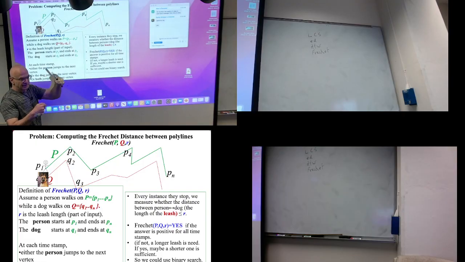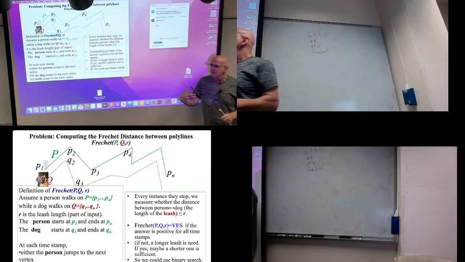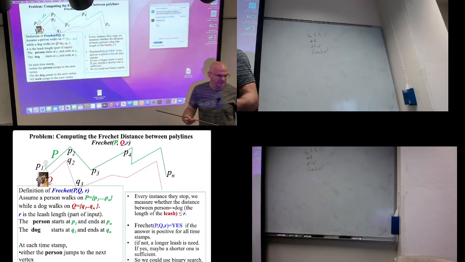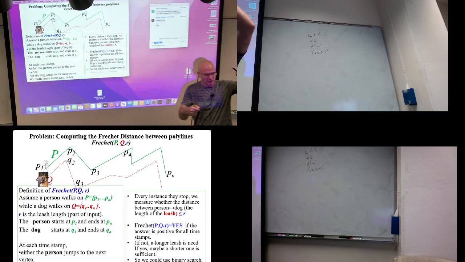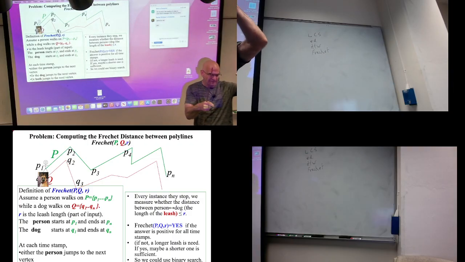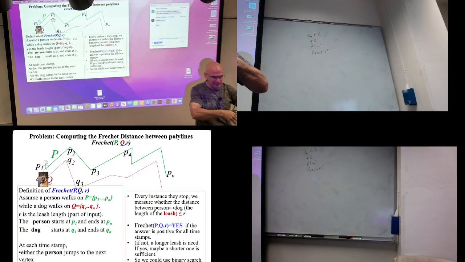We have to ask, can I move both of them in the Frechet problem? Can I move both of them in the optimal way? And what is an optimal way? In the dynamic time warping optimal way, we'll ask them to be as close to each other so that when I sum up, accumulate the distance between them at each time step, I'm getting the smallest sum of the leash.